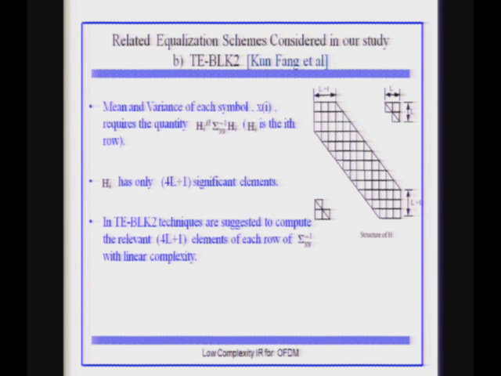So we have this sparse matrix again, and now the idea is how do we invert this without much complexity? What they found is that for computation of the mean and variance, you need to compute this quantity, and we know that these matrices are sparse. You have 4 or 5 elements in each row or column.